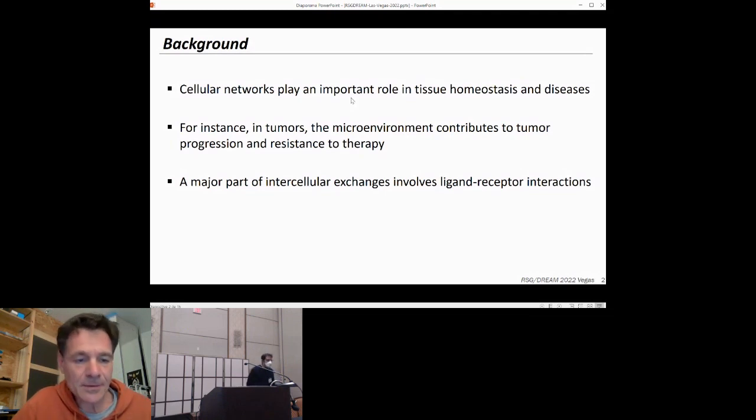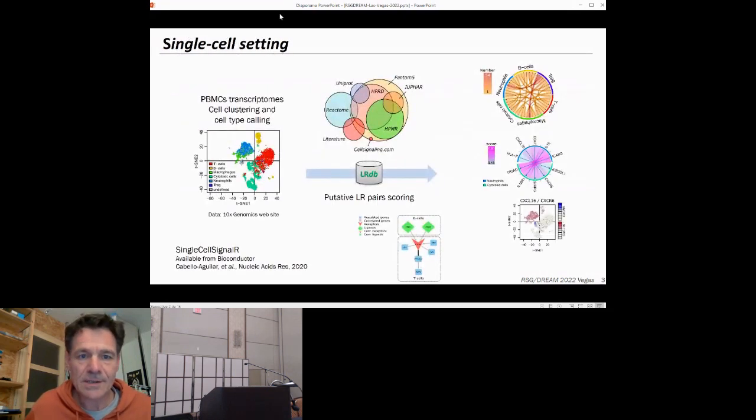For instance, in cancer, the microenvironment, that is all the non-cancer cells that are present in the tumor, contribute in many ways to tumor progression, but also different resistance mechanisms against therapy. And the major part of the exchanges those cells have between each other involves ligand-receptor interactions.